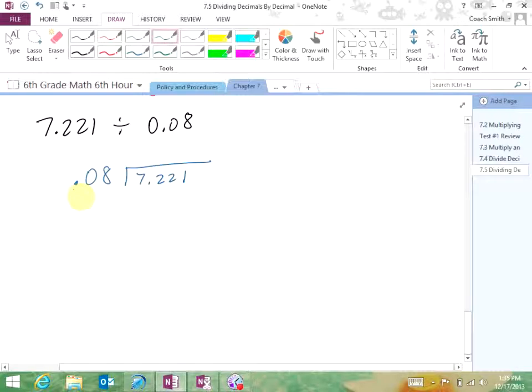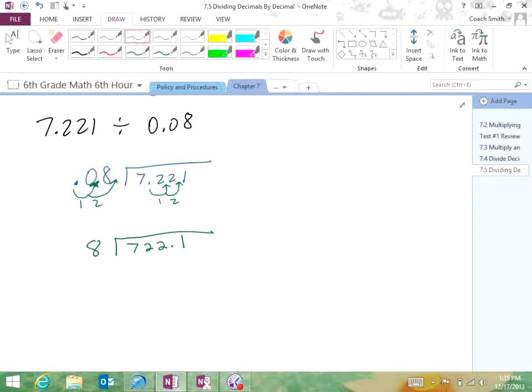Now, I move the decimal once, twice. I do the same thing on the inside, once, twice. So that's 8 into 722.1. Okay?